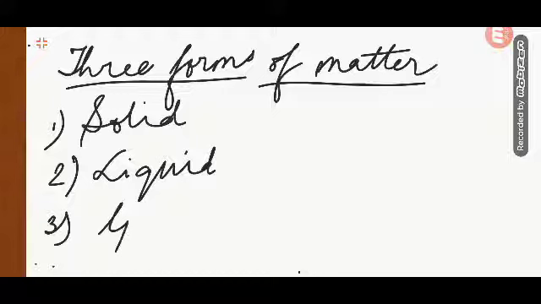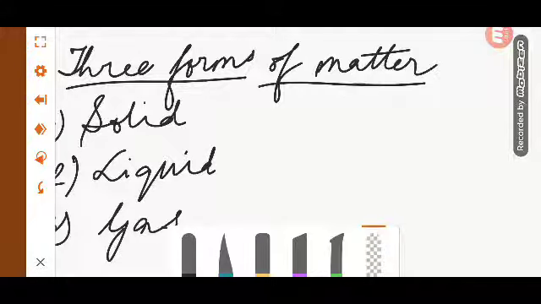In a solid, suppose you take an example, some marbles. If you put them in an empty glass jar, and you fill that glass jar with all the marbles, then you see that the marbles do not move on their own.